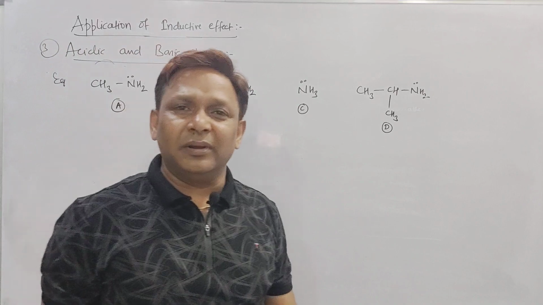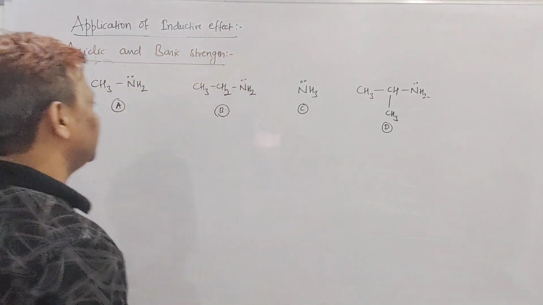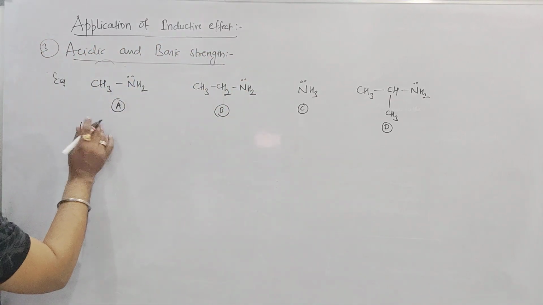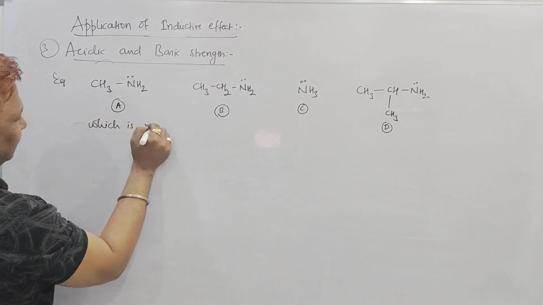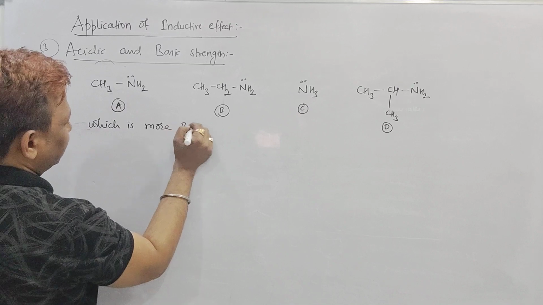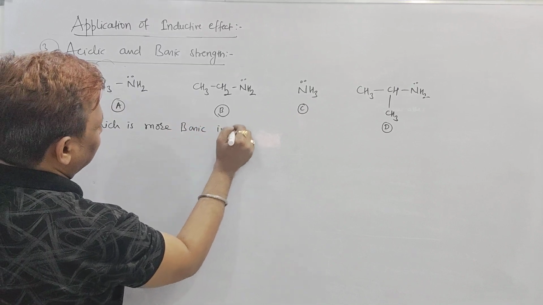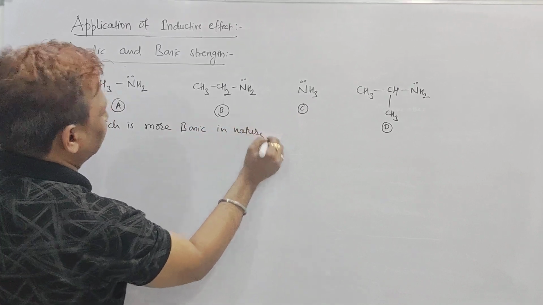Now decide and tell me beta, which is more basic in nature? Means the question is that among the following, which is more basic in nature?